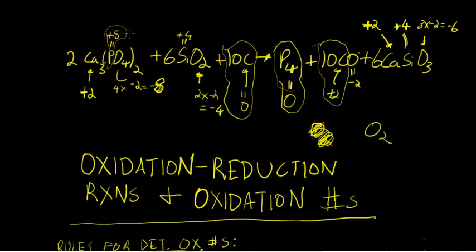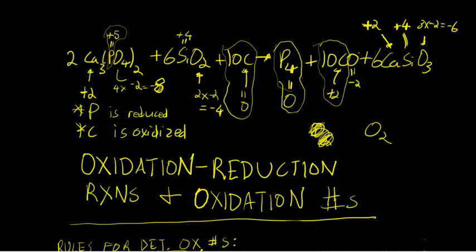So we see here that the oxidation number of phosphorus goes down from 5 to 0, so we know that phosphorus is reduced. So P is reduced, while the oxidation number of carbon goes up from 0 to +2. So carbon is oxidized.